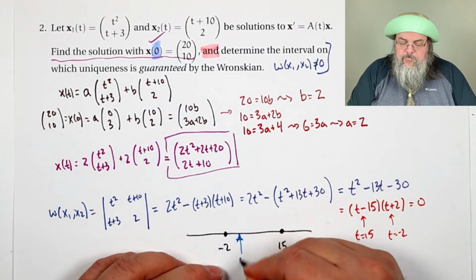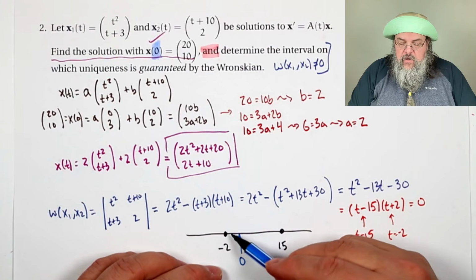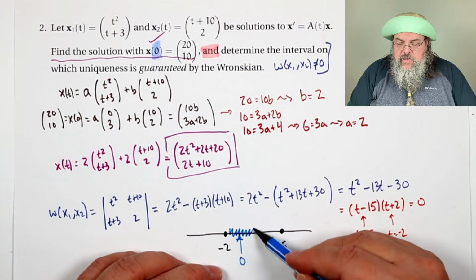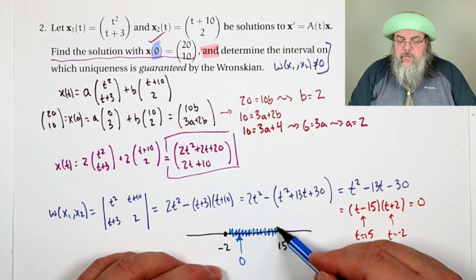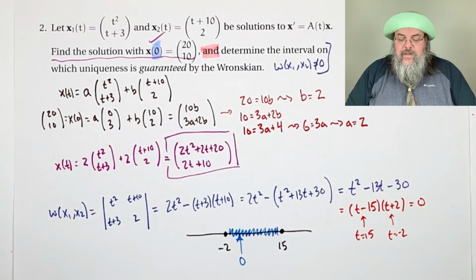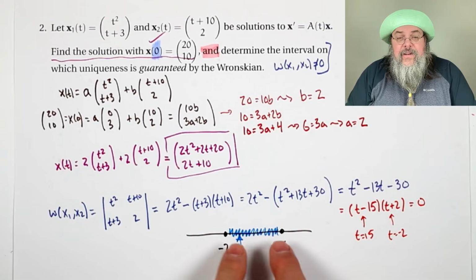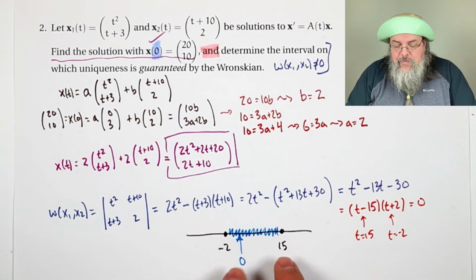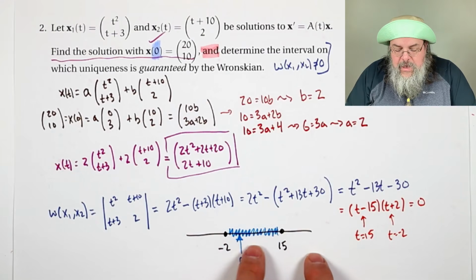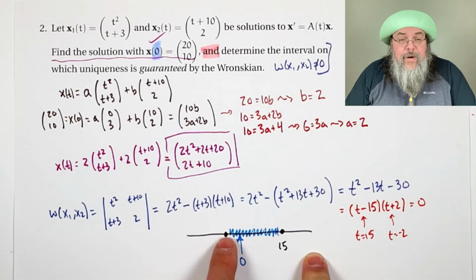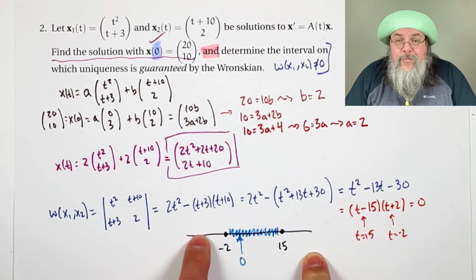It's over here, which means our solution is good to go up until we hit our problem spots. And we cannot uniquely extend past negative 2 and 15. That's the problem: we can get up to negative 2 uniquely, but we can't get from there any further past that without losing uniqueness.